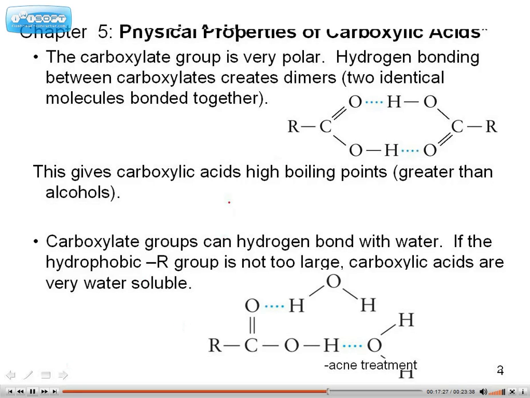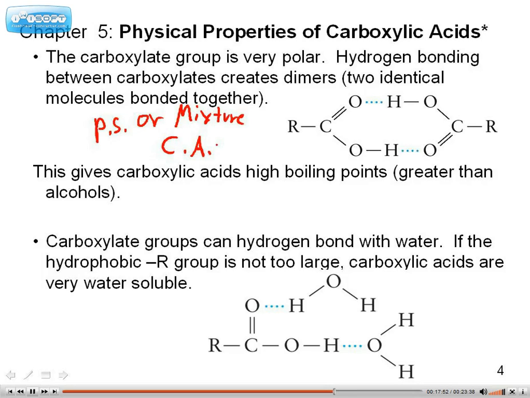Physical properties of carboxylic acids. The bottom line is this. Make sure you write this down on your slides: for a pure substance or a mixture, carboxylic acids have 2 hydrogen bonds, 2 simultaneous hydrogen bonds at a time.